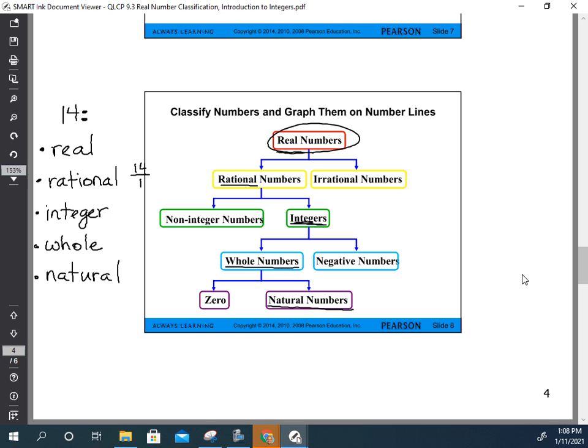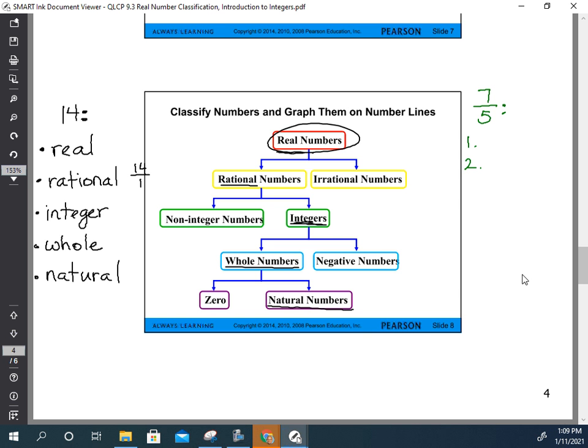Any questions before we continue? So, I'm going to give you one to try. Seven over 5. I will tell you that there are 2 classifications.